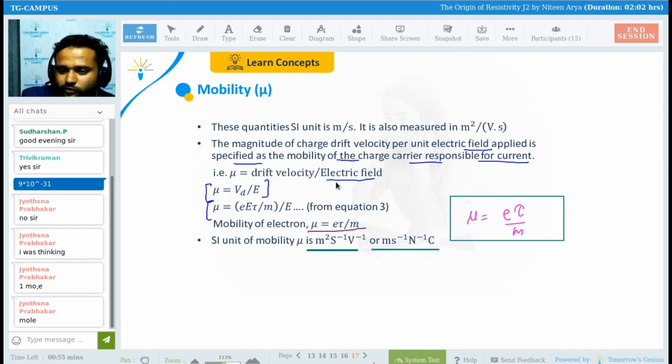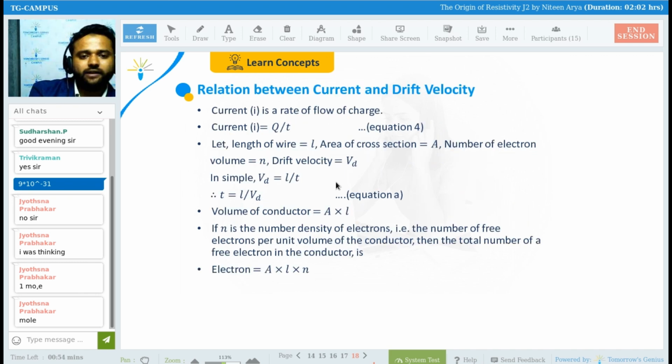So let's take a break for 5 minutes, and then we're going to do the important relationship. Meanwhile you can read the relation between current and drift velocity. In the same way, we're going to find the important relationship between current and drift velocity. Sorry, this mobility. So just read.